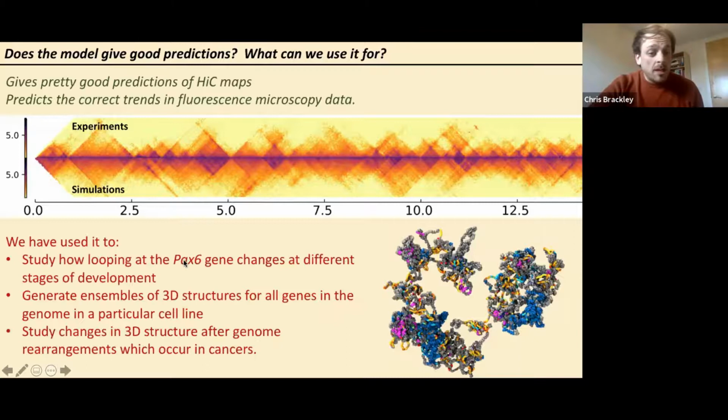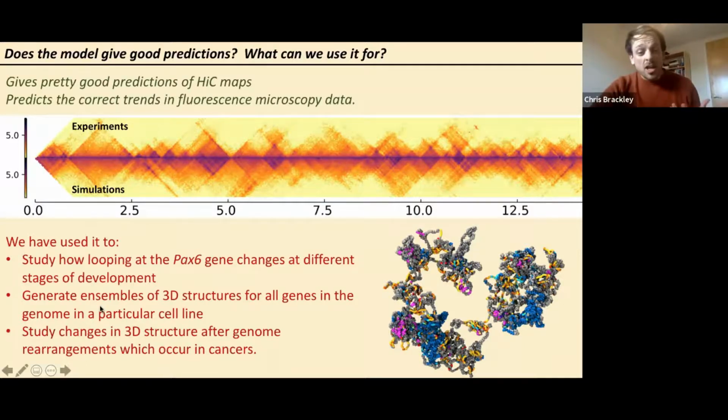Yeah, so what have we used the model for so far? We've studied a number of specific genes. One example is a gene called PAX6, which is a gene that's been implicated in a number of birth defects. We've used the model to look at looping around the PAX6 gene and how that changes through different stages of development.